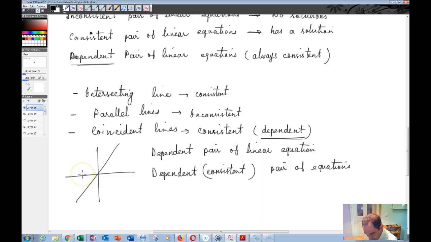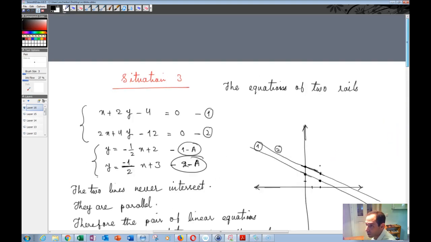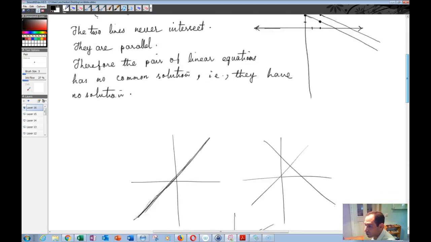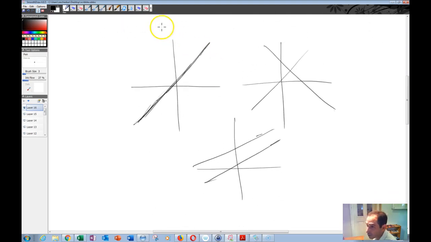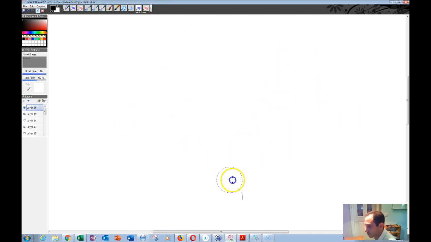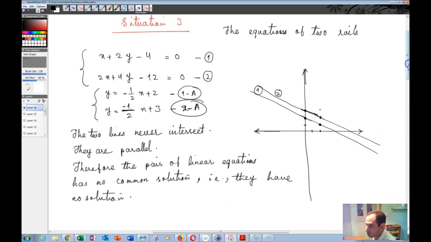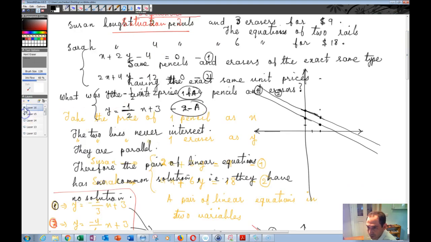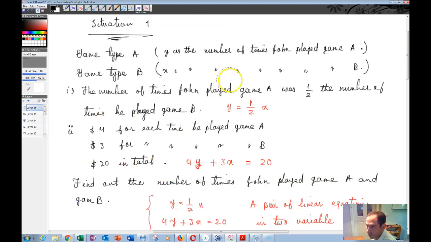Now if we go back to the three situations that we had before, this was situation number 3, and this was situation number 1.